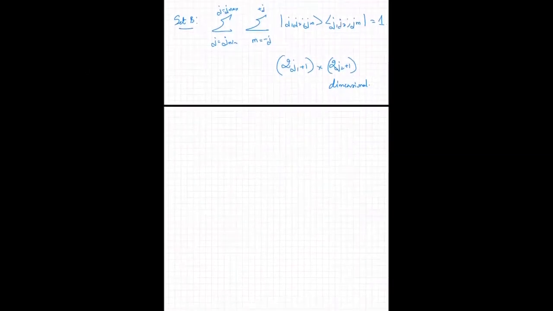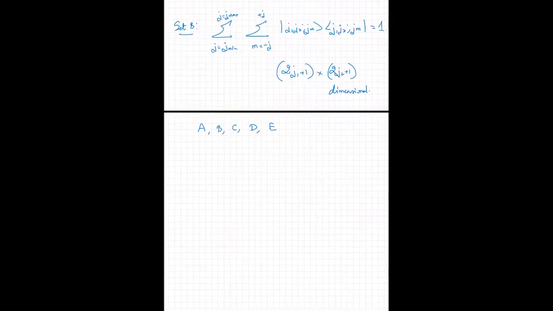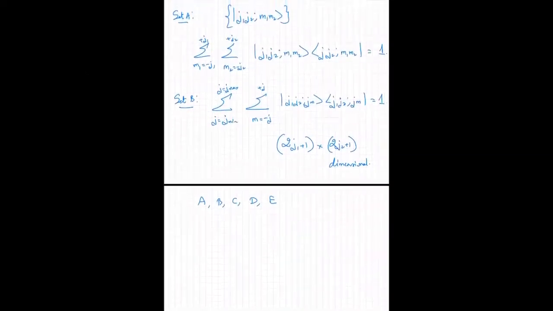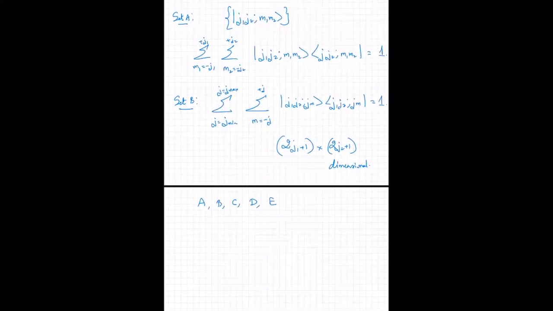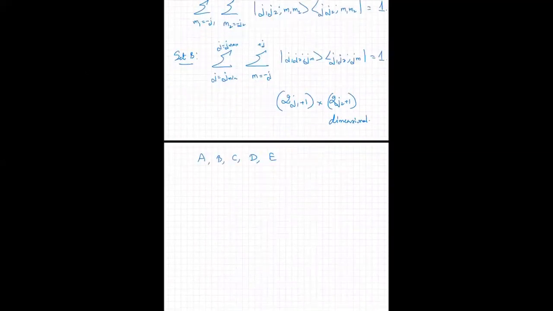So let us say that you have a set of five matrices A, B, C, D, and E, all of them some 3 by 3 matrices, just like in this product space, every single matrix is a (2J1 plus 1) times (2J2 plus 1) dimensional matrix.